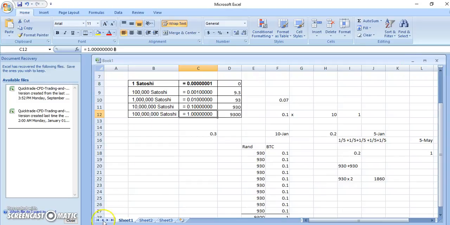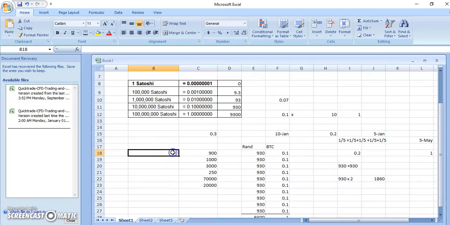Hence someone buys bitcoins for 900 rand, someone for 1,000, someone for 300 rands or 3,000, someone for 250 rands, someone for 7,000 or 70,000, someone for, let me say, 20,000.